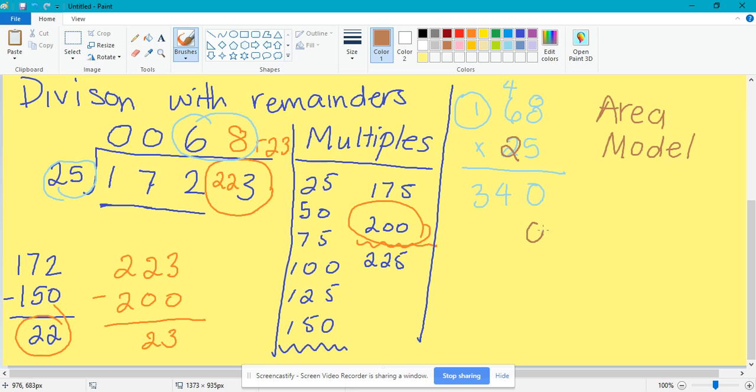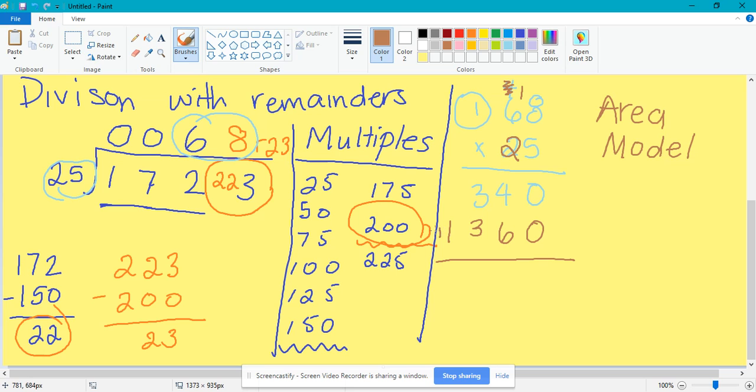So remember that placeholder there, because we're done multiplying in the ones column. So we start with 8 times 2, which is 16. So we bring a 6 down. Cross out that 4 so we don't get confused and put a 1 on top. 6 add 1 is 7. 6 times 2 is 12. Add 1 is 13.